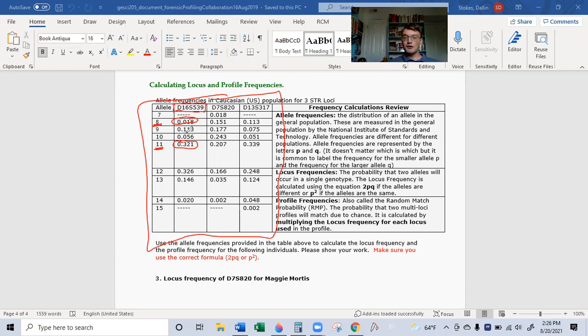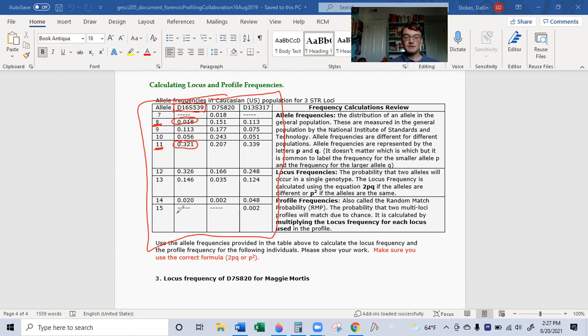I think one of your prepare questions asks you to figure that out. That's how you would know what the most common allele is for that locus: the biggest decimal number, because the decimal number says what the chances are you'll find that one. The greater the number, the greater the chances.